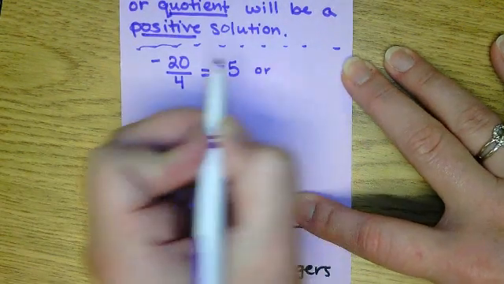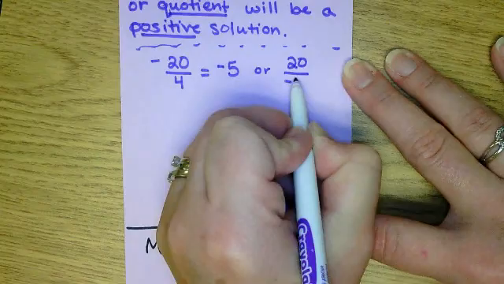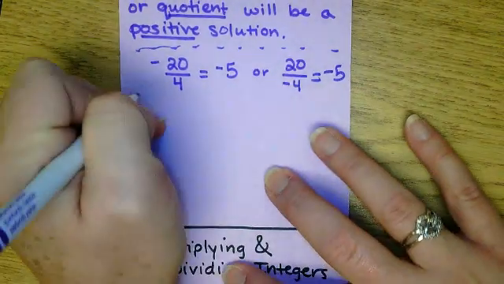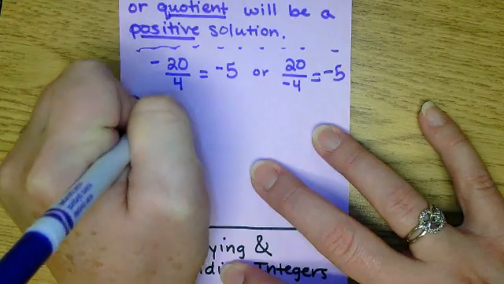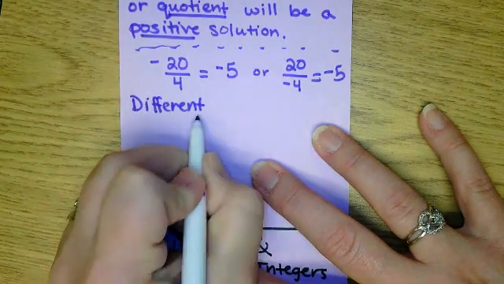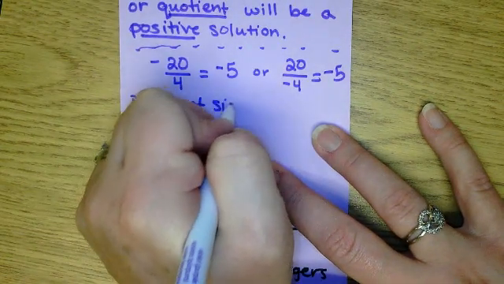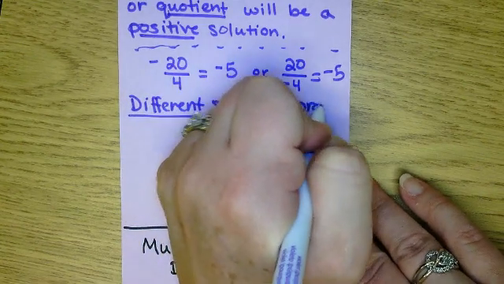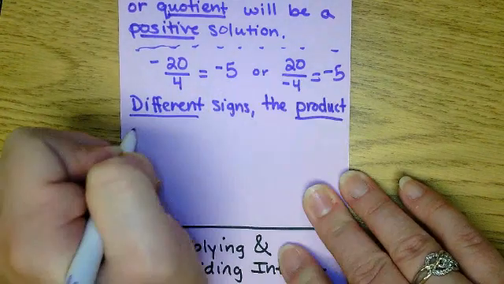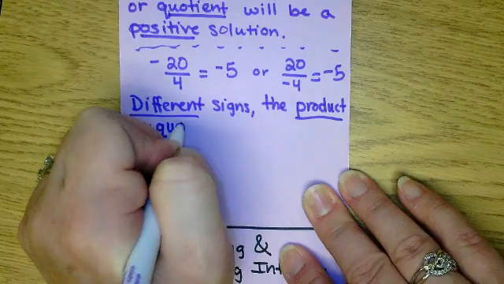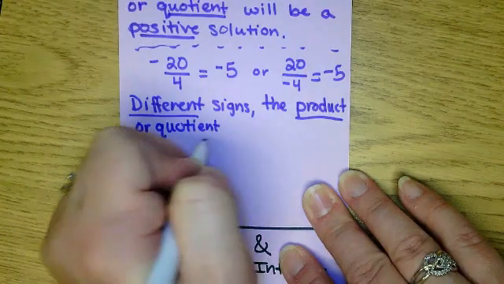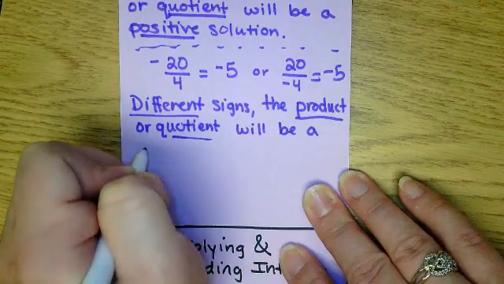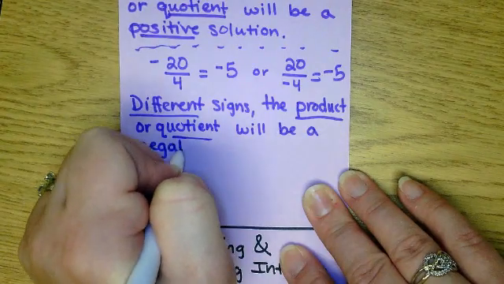So if I reversed the negative and put it on the bottom, it again will still be a negative outcome. So I'm going to sum this up for you. Different signs, the product or quotient will be a negative solution.